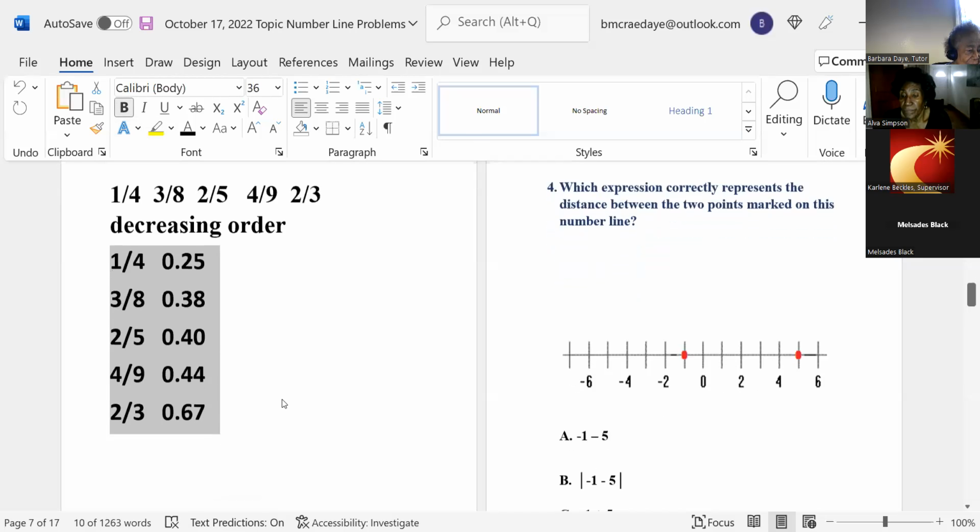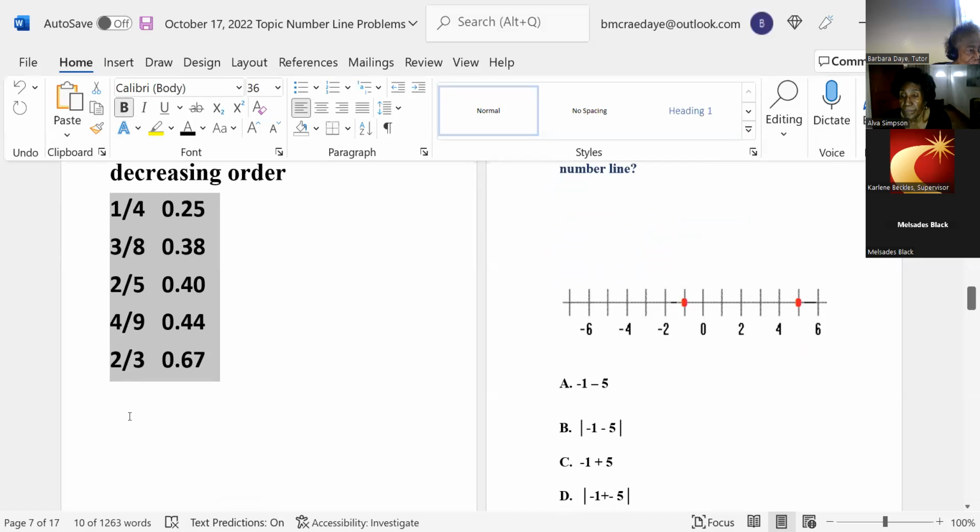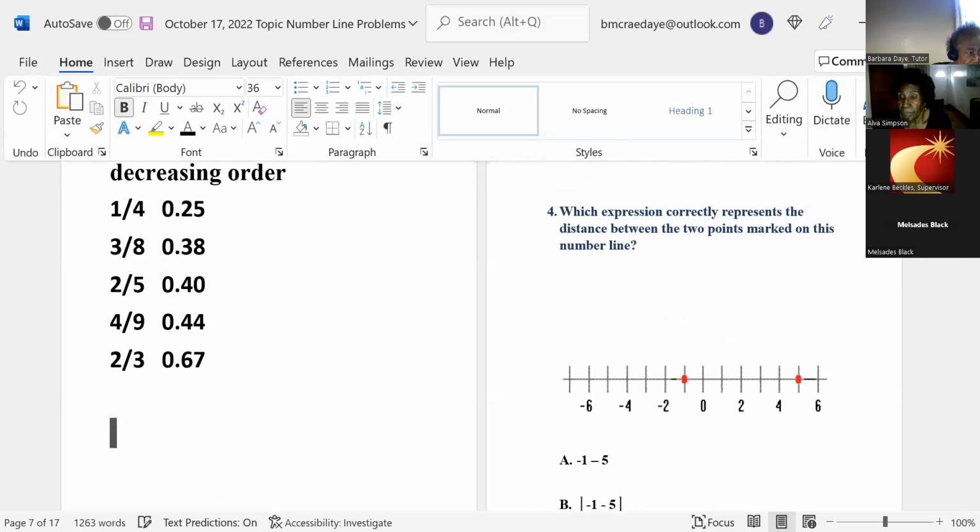Now you can put them in decreasing order. Michelle, decreasing order. So what's the biggest one, Michelle? The biggest one is 0.67. And that fraction is what? 2/3. Okay, you can continue. What's the next one?